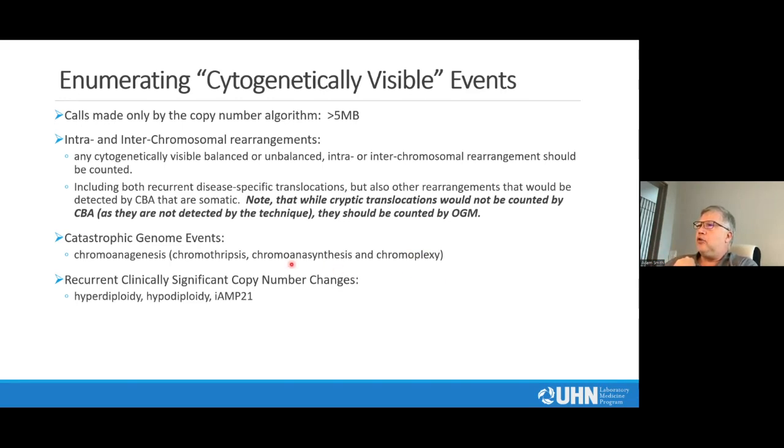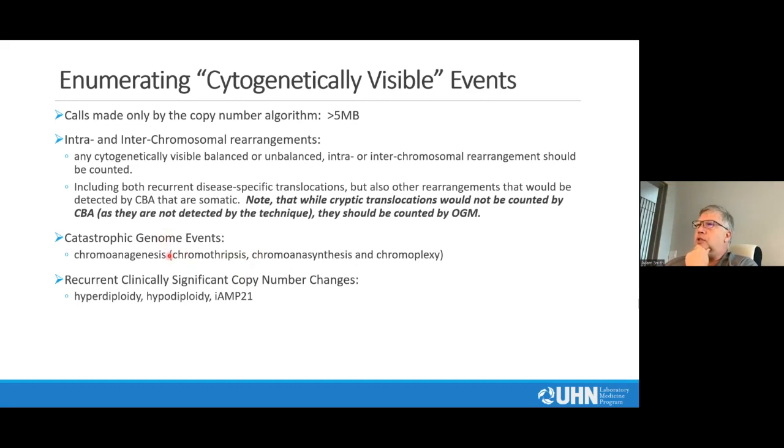I find chromothripsis and chromoanasynthesis can sometimes be a little more challenging to tell apart. It depends exactly how you define them, and it's not always clear. I think the big thing is that there's no rule in cell biology that says you can't have one and not the other, or you can't have chromothripsis and then a bunch of other changes that make it more challenging to tell the difference between the two.